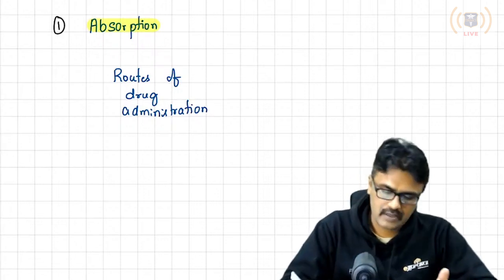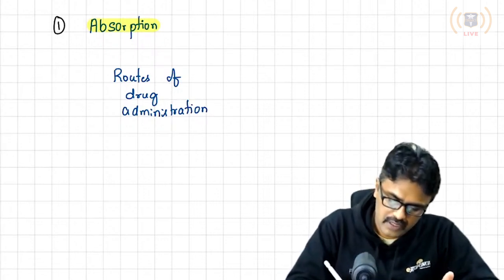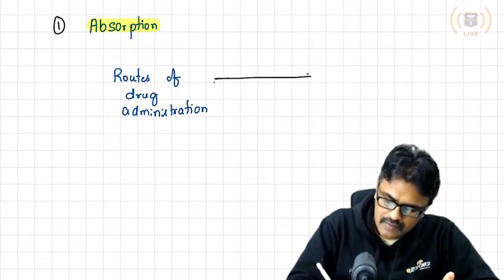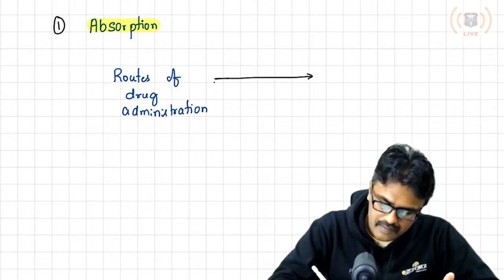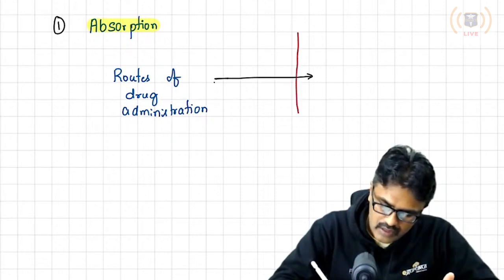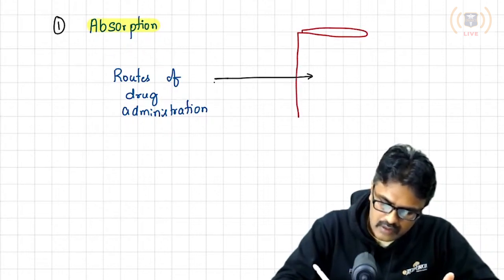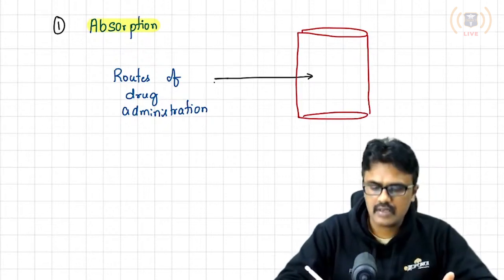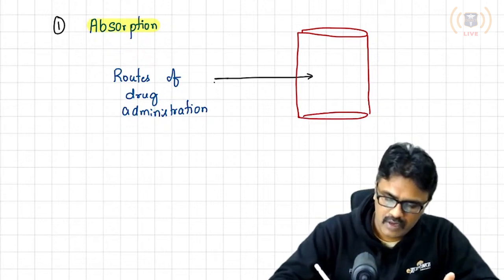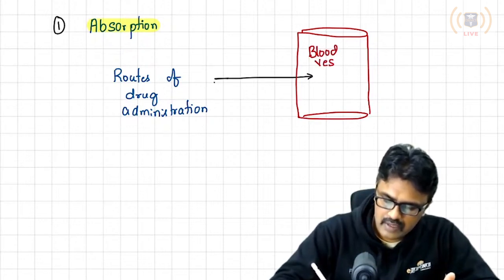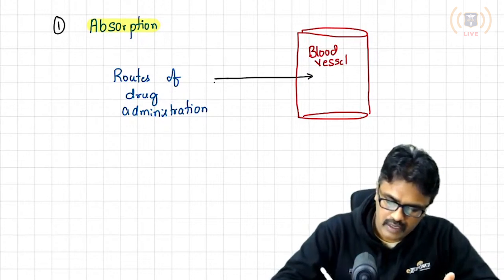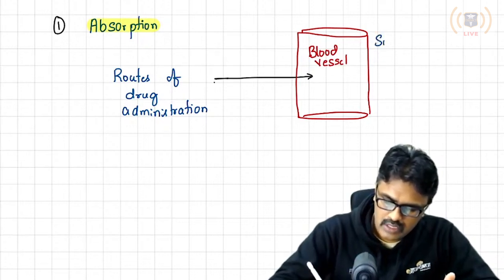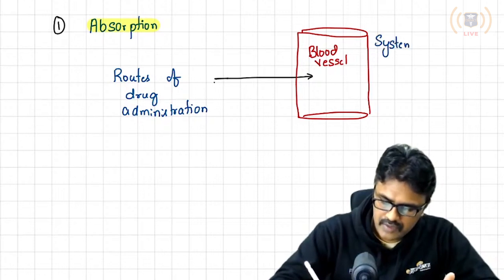We have discussed that. From the route of administration, the drug has to reach the blood vessel, and reaching the blood vessel is what we call the systemic circulation. So from the route of drug administration to systemic circulation, we call it absorption.